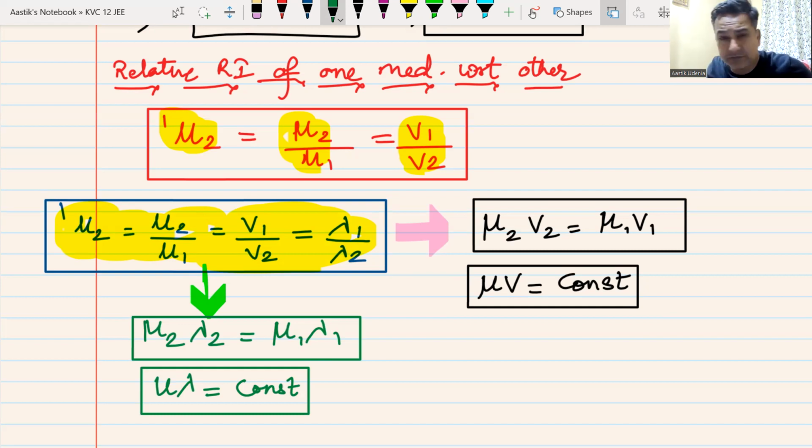Now, we have seen rarer medium in terms of speed of light. Can you again explain rarer medium in terms of refractive index? If you have two mediums of different refractive index, which medium would be rarer and which medium would be denser? Everything is right in front of your eyes.